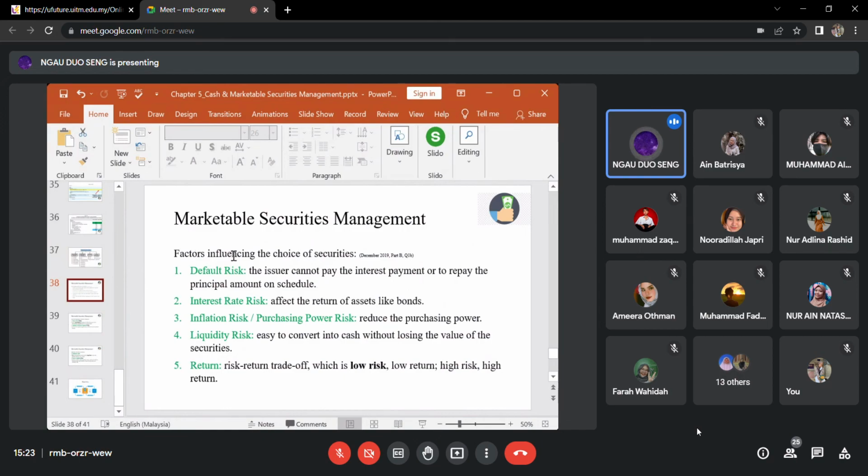This is the first thing that will influence a company in choosing marketable security, meaning the risk that the issuer defaults and does not pay. If the default risk is high, normally the company will not buy. Interest rate risk affects the return of assets like bonds.